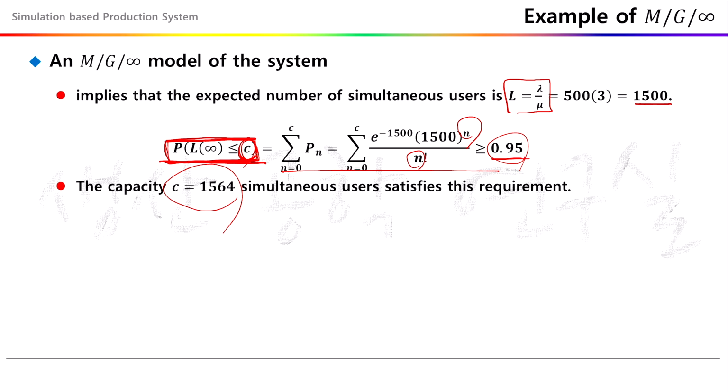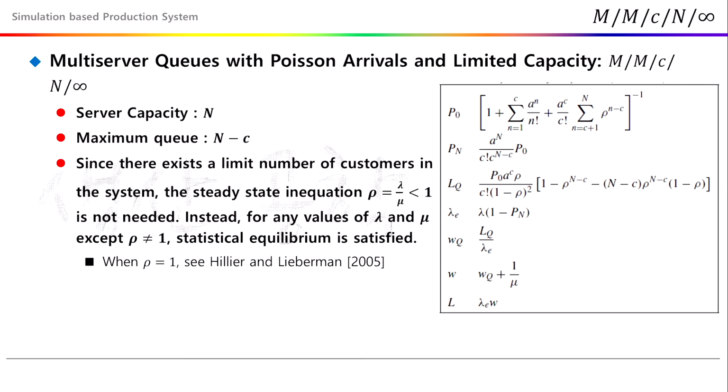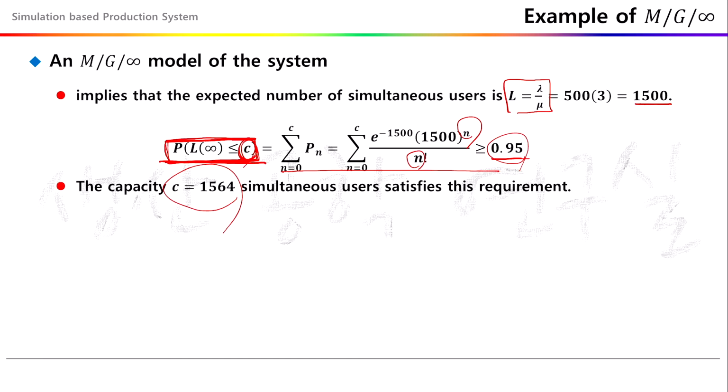Before opening the online service, they may have to calculate the simultaneous user number, and according to these expected simultaneous user numbers, the appropriate number of servers has to be equipped. So this is a very good example of how queuing models are used in real life.